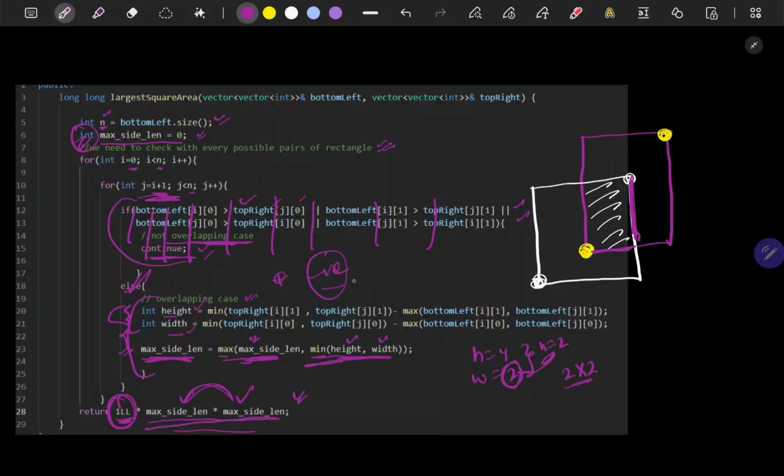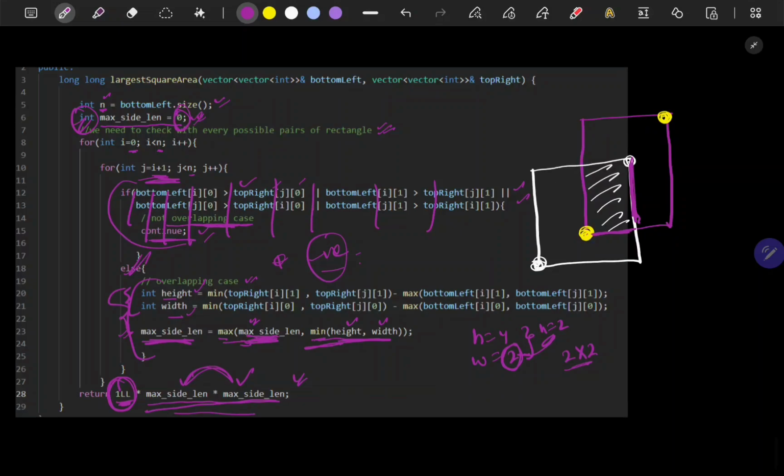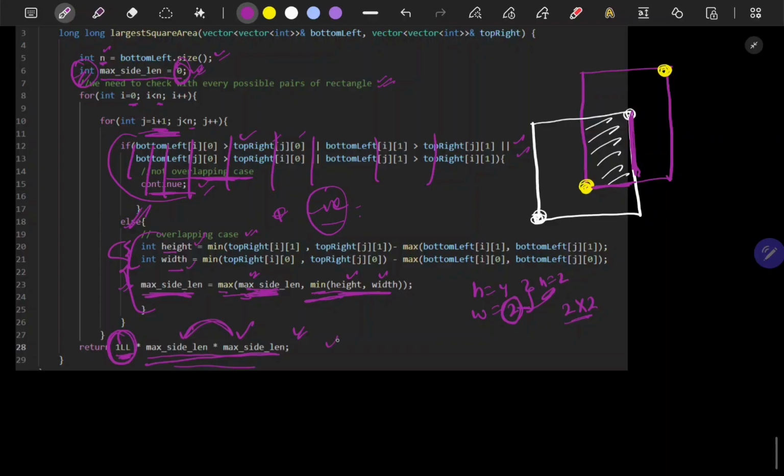You can try by yourself also. Negative values are never greater than 0, which was taken at the start, so it will update to 0 and the area will come 0 in that case.